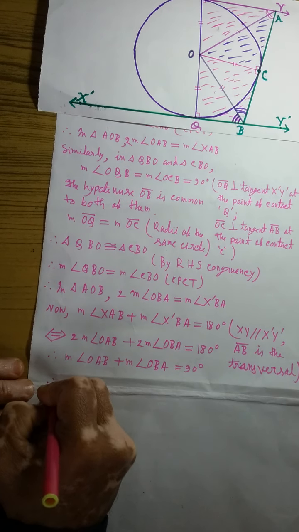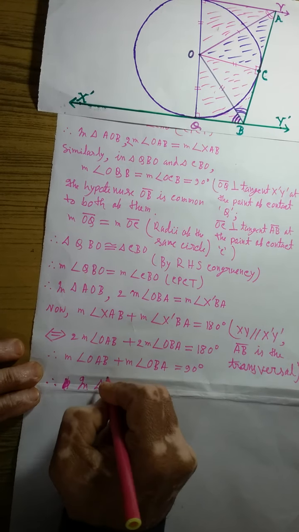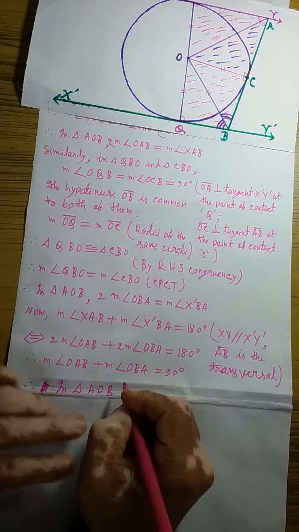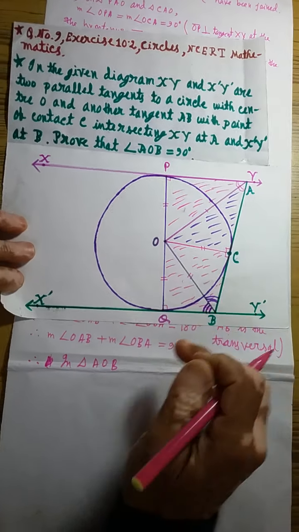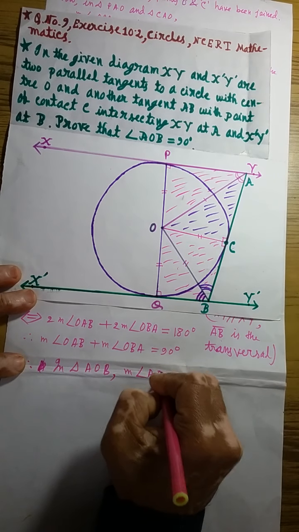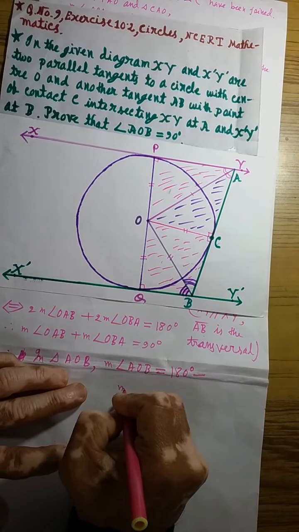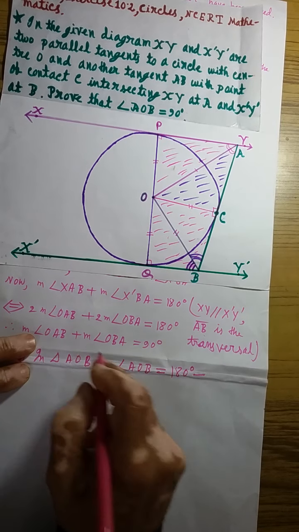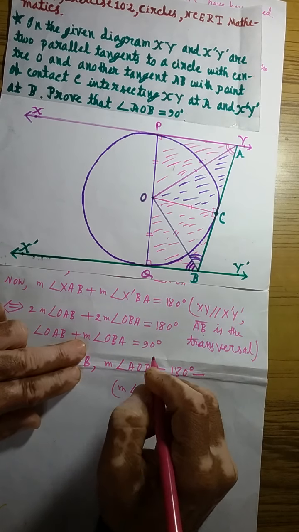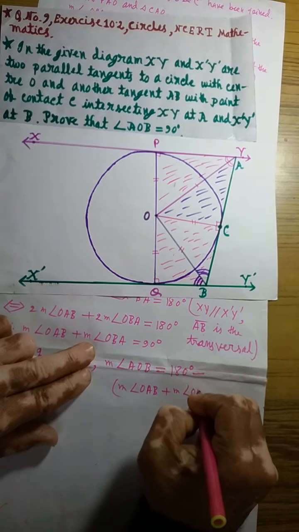After this, write in this way. Therefore in triangle AOB, the measure of the angle AOB is equal to 180 degrees minus the measure of the angle OAB plus the measure of the angle OBA.